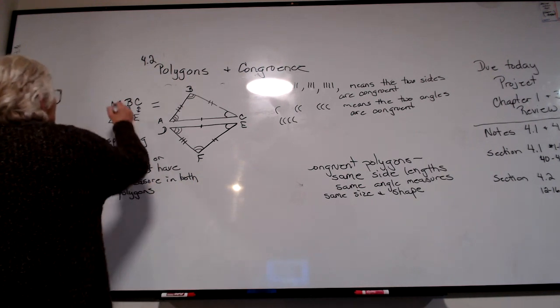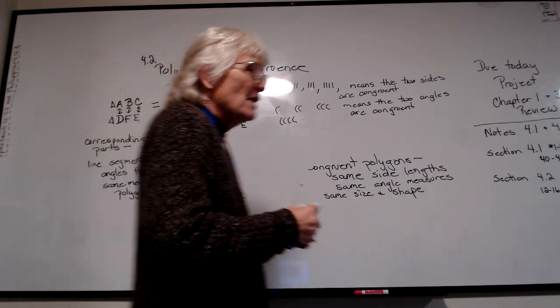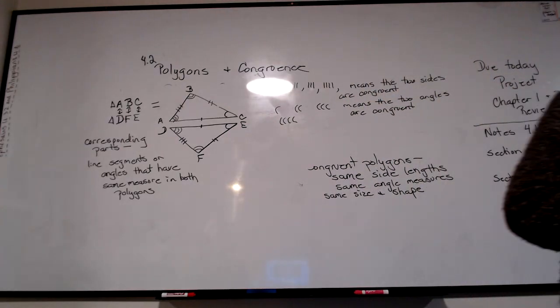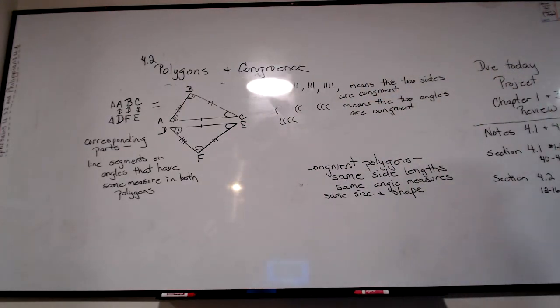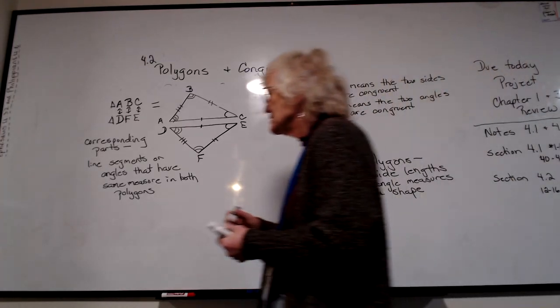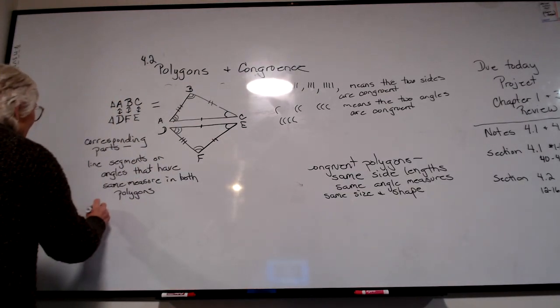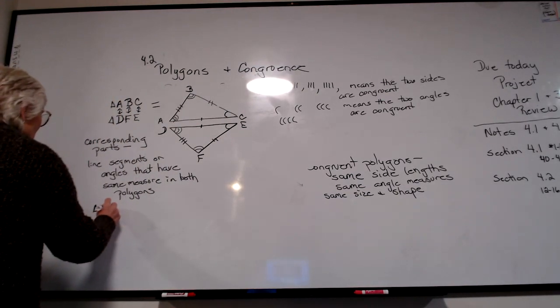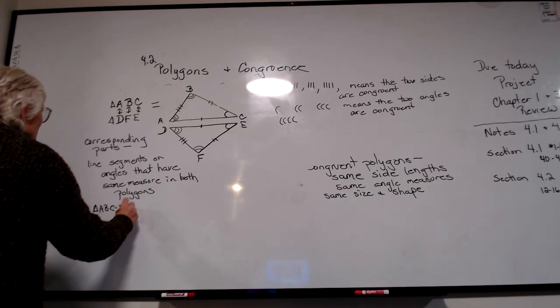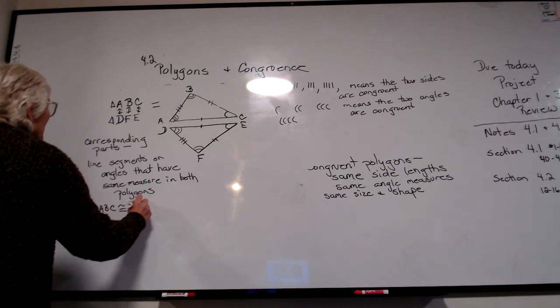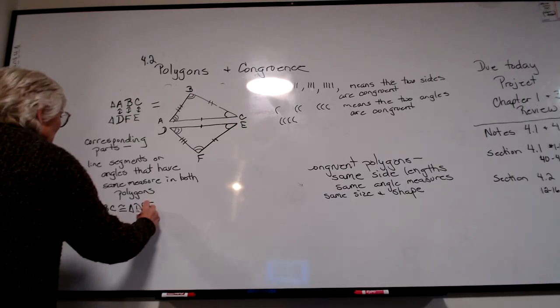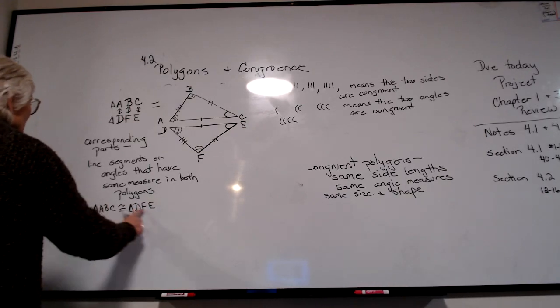So you always want to match up the 2 that have the same measure when you're listing the names of the triangles. Okay, so when we go to say that they're congruent, I have to say that triangle ABC is congruent to triangle DFE because these are corresponding parts.